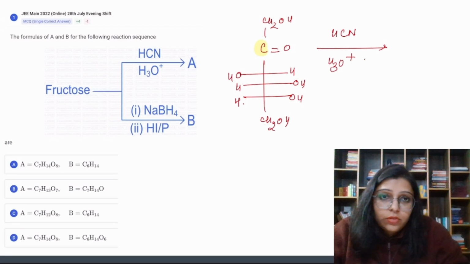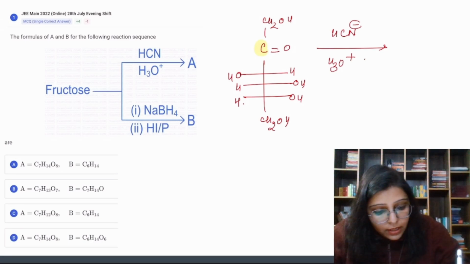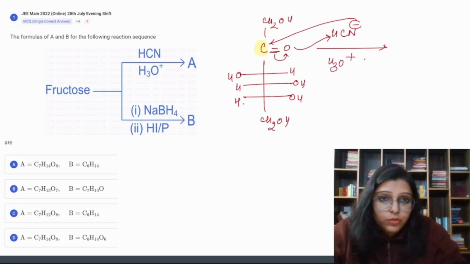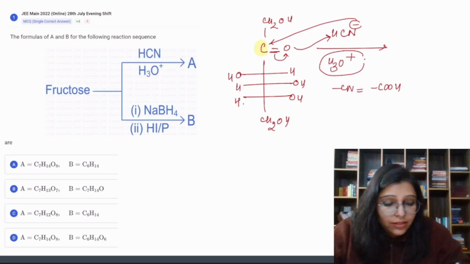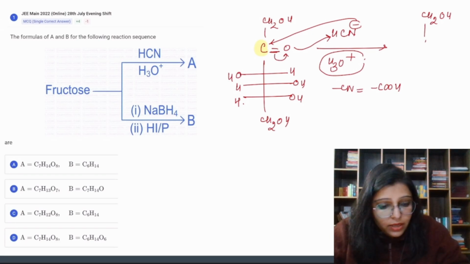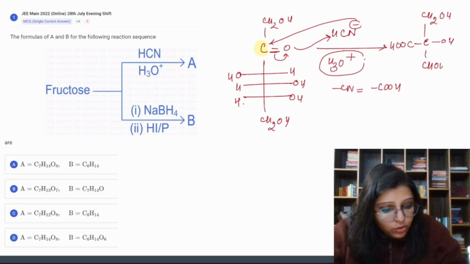HCN and H2O positive. CN minus attacks on this carbonyl carbon, the electron of this bond shifts over here, which will further take H plus. On hydrolysis CN is converted to carboxylic acid. So I'm writing this directly. What do we get? We get CH2OH, and here, only hydrolysis, so OH and COOH, then we have CHOH whole thrice, and then CH2OH.